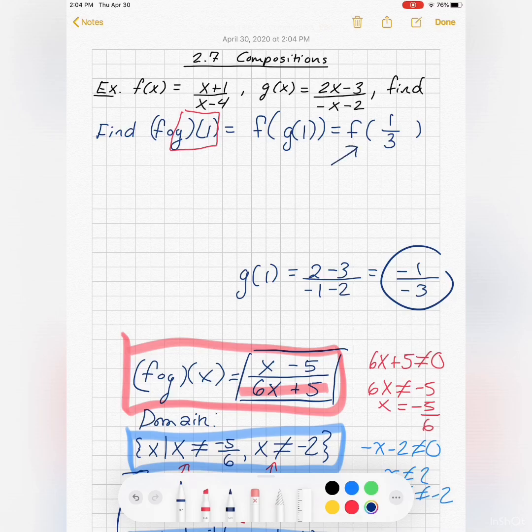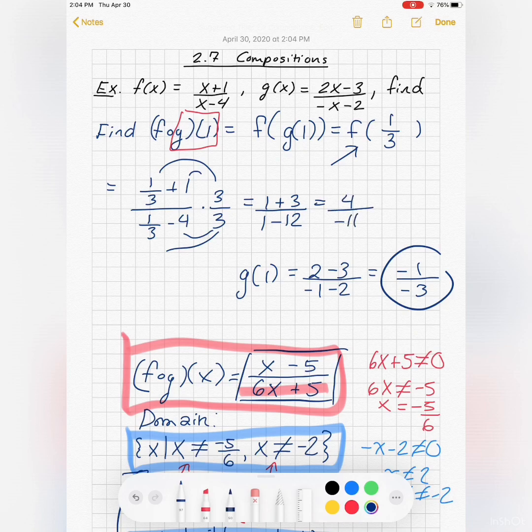That's what we're doing here. So now I'm finding f of 1/3, so that'd be 1/3 plus 1 over 1/3 minus 4. And we multiply this by 3 over 3, so that'd be 1 plus 3 over 1 minus 12, 4 over negative 11.